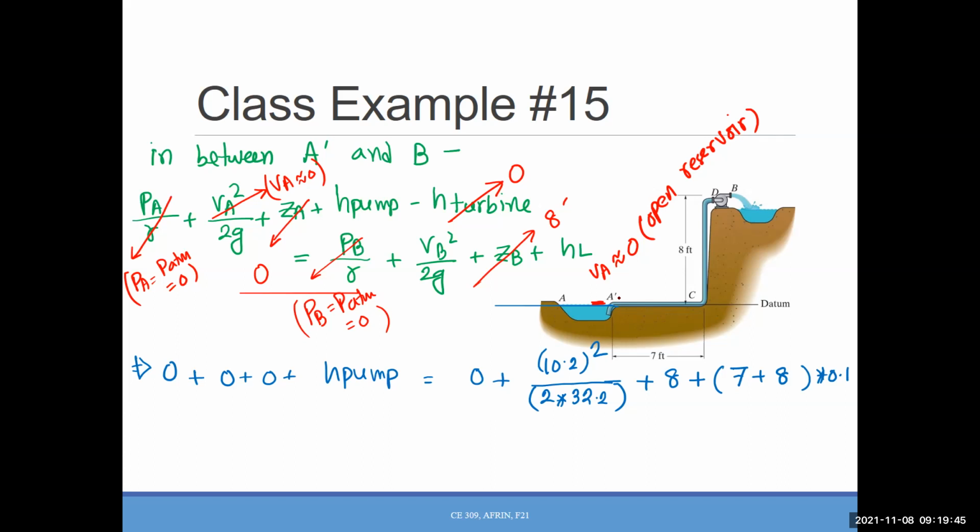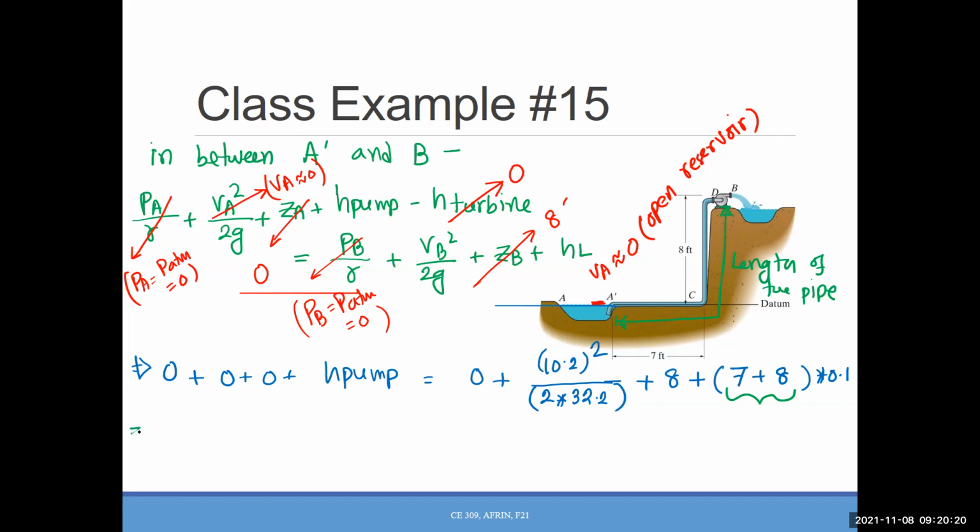Since we are starting our calculation from A prime to B, that is the total length of the pipe, right? And what is that length? 15 feet. So, 7 plus 8, 15. And we multiplied with 0.1 because that was the per unit length loss. So now we have everything.